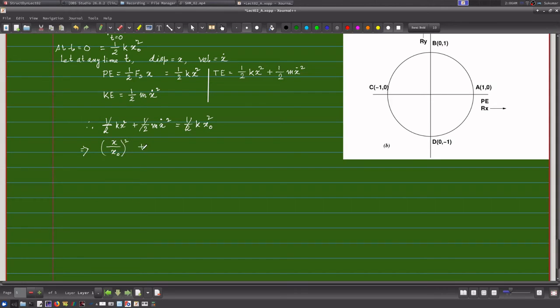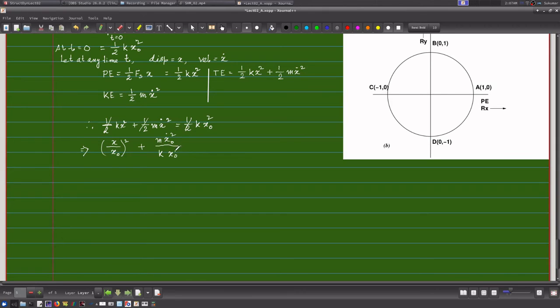And here I will get x dot square, with m in the numerator and k in the denominator, and x naught square.